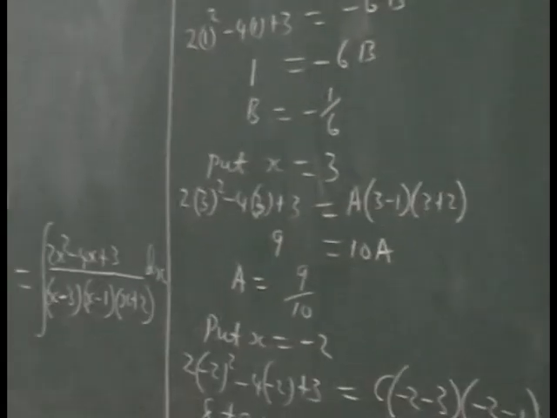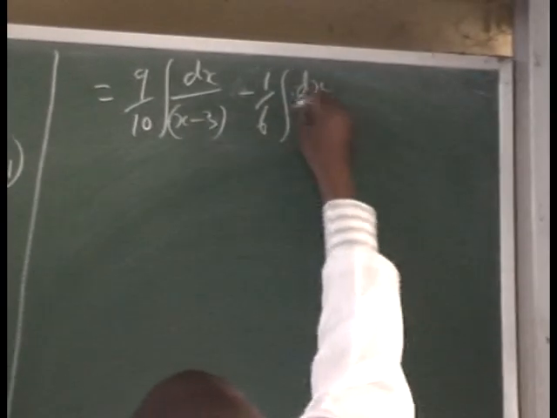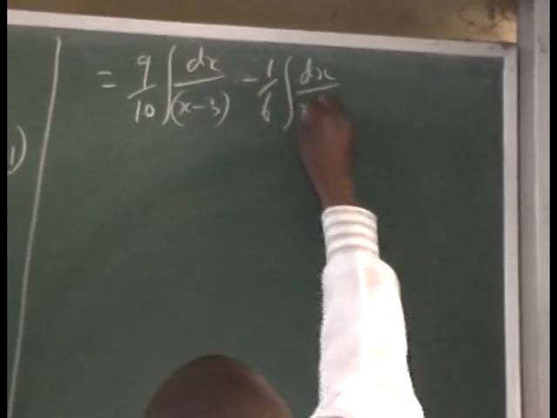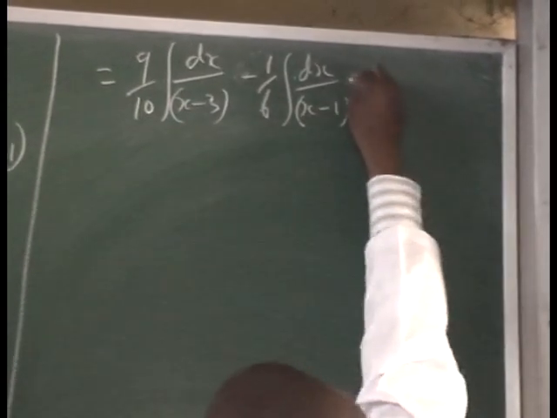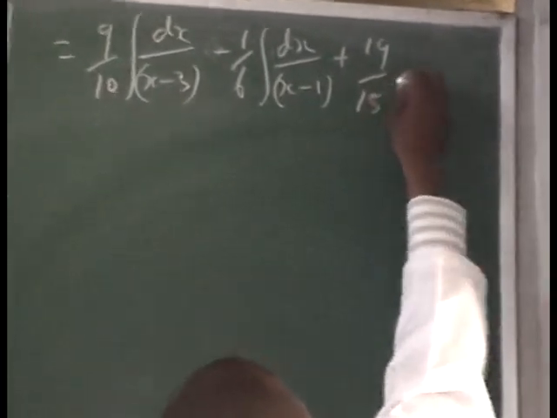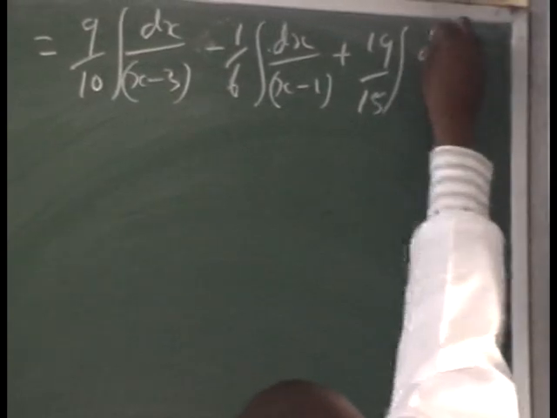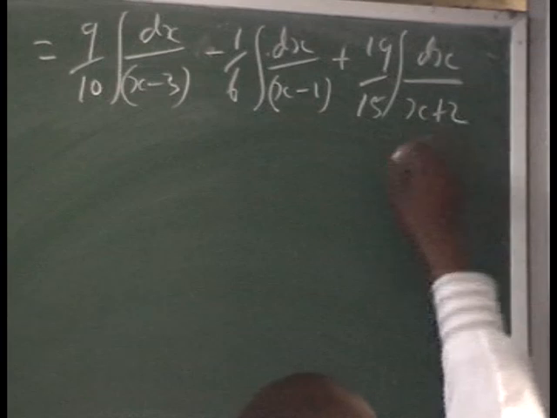B is minus 1 all over 6 integral of dx all over x minus 1. Then we also have plus 19 all over 15 integral of dx all over x plus 2.